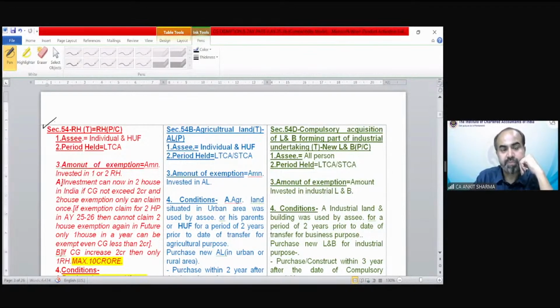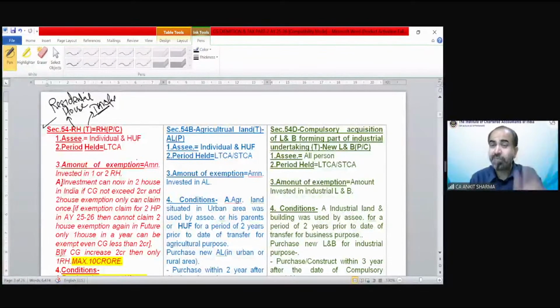Section 54. So section 54 says RH. RH stands for residential house. So if you transfer, T for transfer, and the transferred asset is a residential house, if there is a capital gain on transferring a residential house, fine, you transfer a residential house and there is some capital gain.